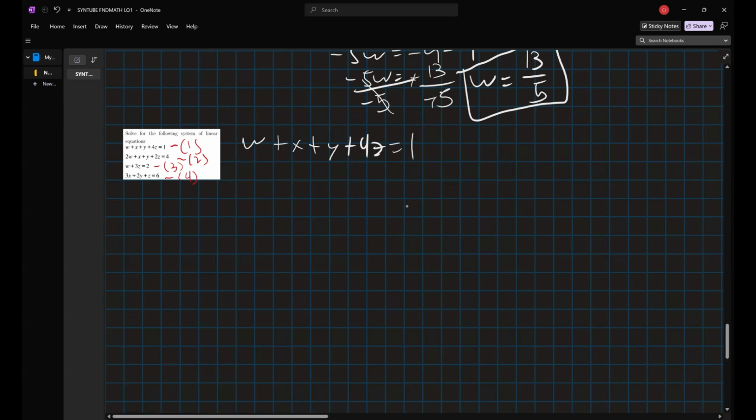We just have to transfer everything else to the right side, which gives us x equals 1 minus w minus y minus 4z.